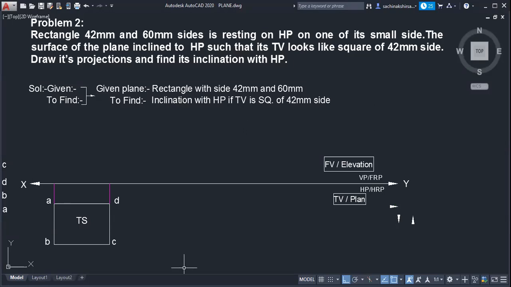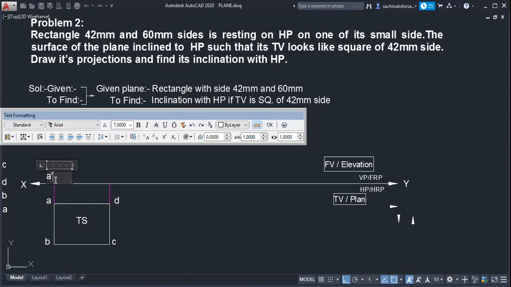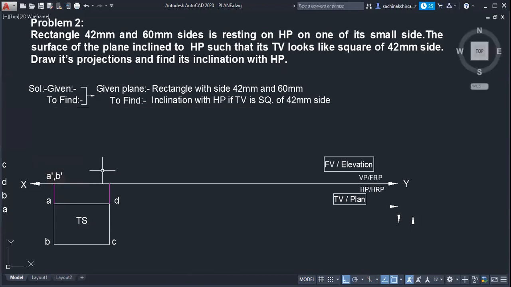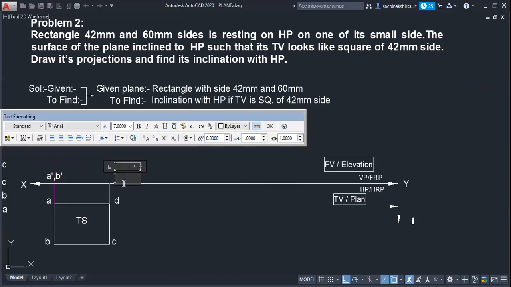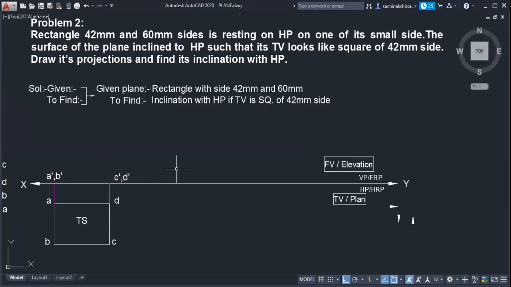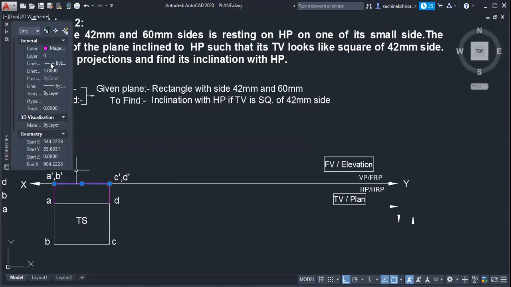Okay. So what will be there here? Line view: A dash, B dash. I will call it line view. There will be a line view. Similarly, C dash, D dash. Very simple. And we have to join it. Make it dark. So I will make it yellow.